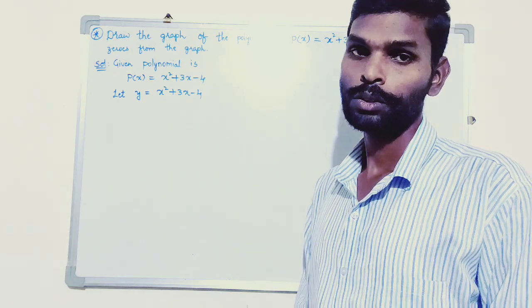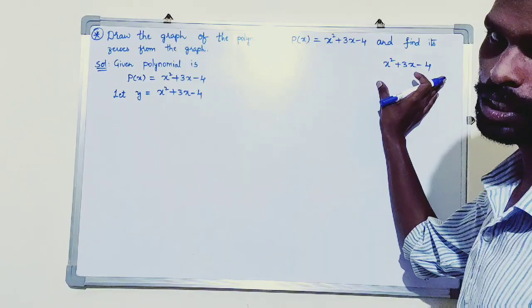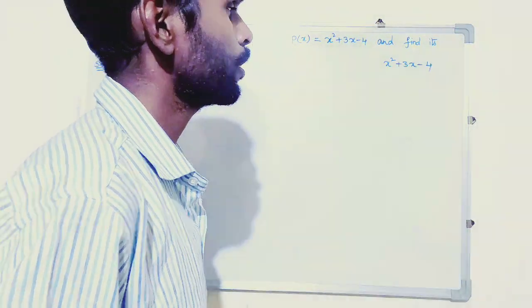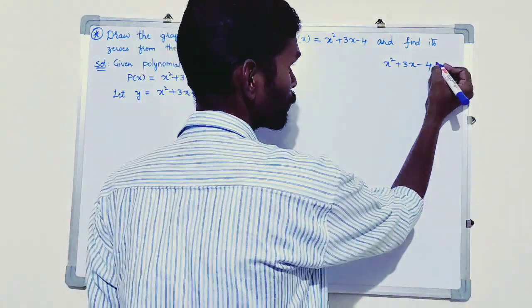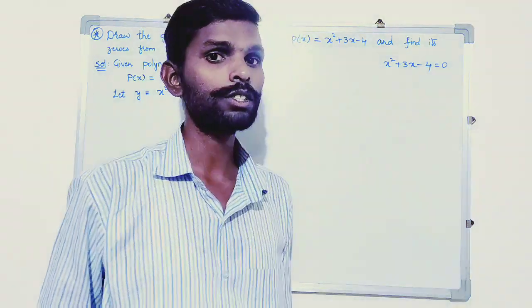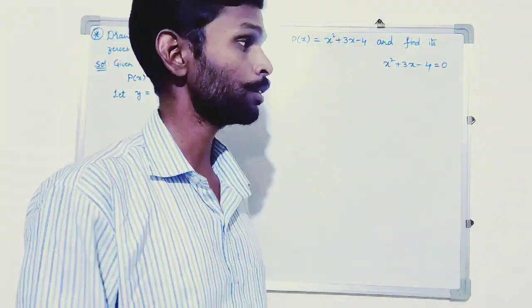So to avoid that confusion, I'm saying find the zeros beforehand in a rough method, on rough paper. In the process of finding zeros, we know that we keep the polynomial equal to 0 for any quadratic polynomial.